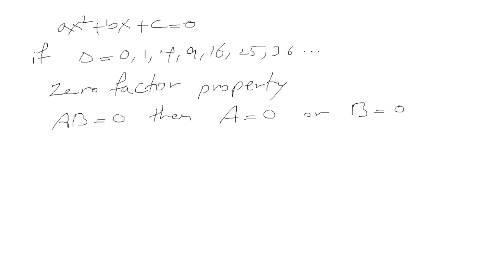Now, how do we use that in order to solve quadratic equations? x squared minus 2x minus 3 equals 0. Let's check delta. Delta is (negative 2) squared minus 4ac.